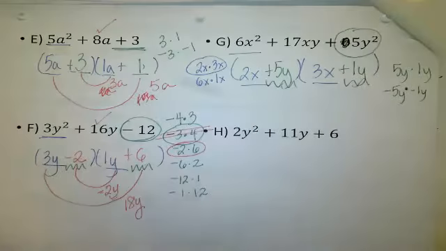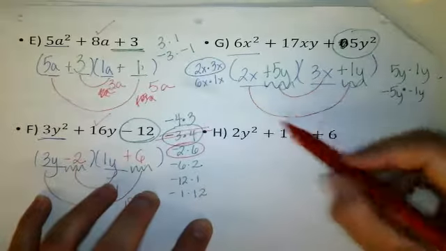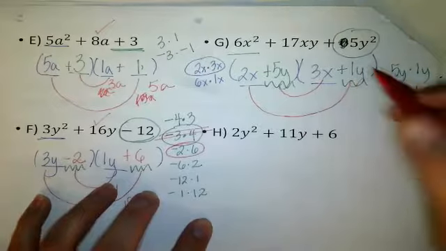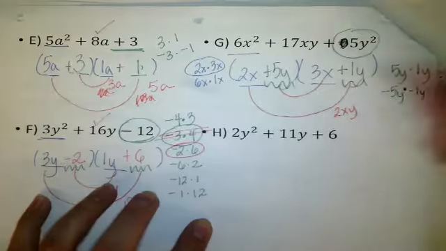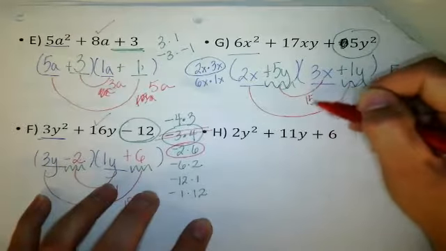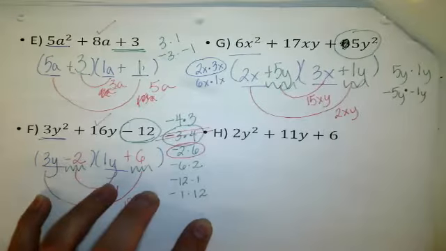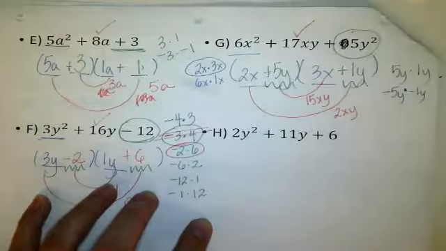And how do I know if I did it right? Check the rainbow. 2x times 1y is 2xy. 5y times 3x is 15xy. And did we do it right? Yes, we did.